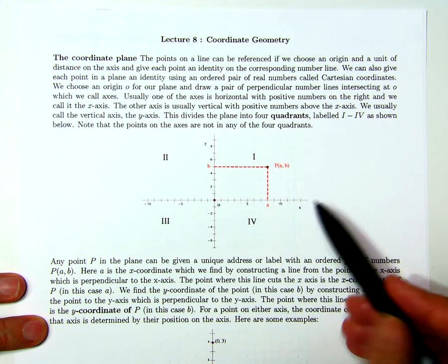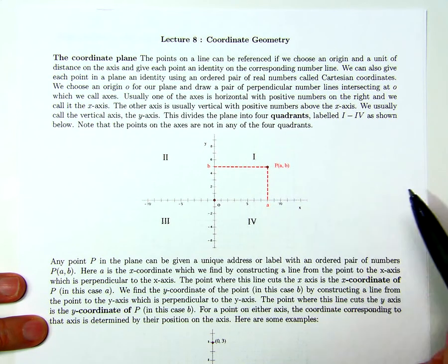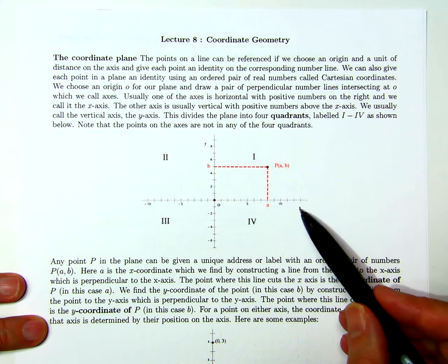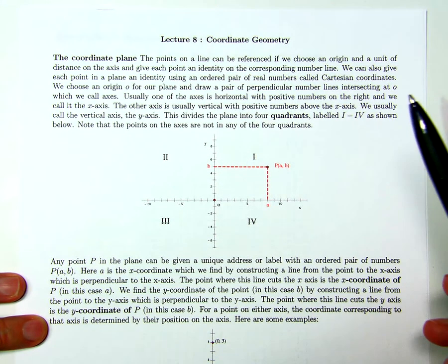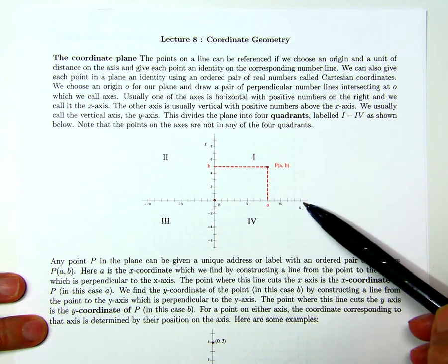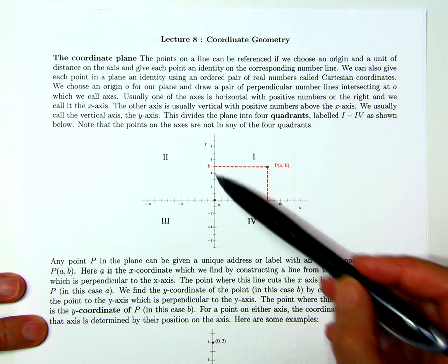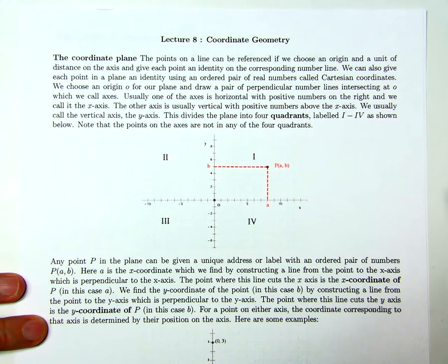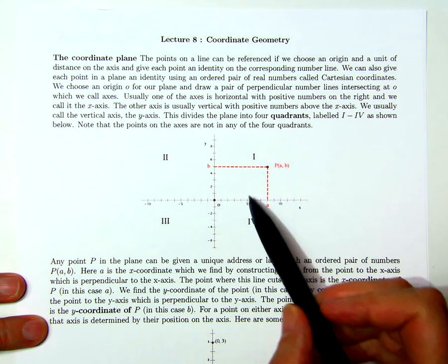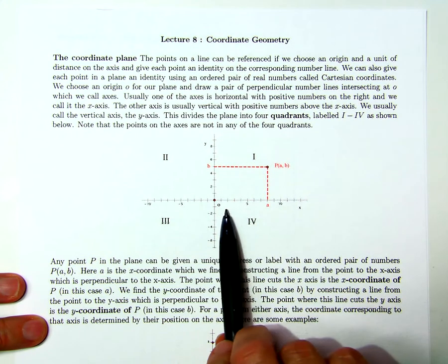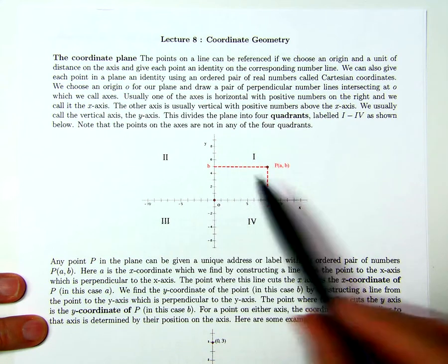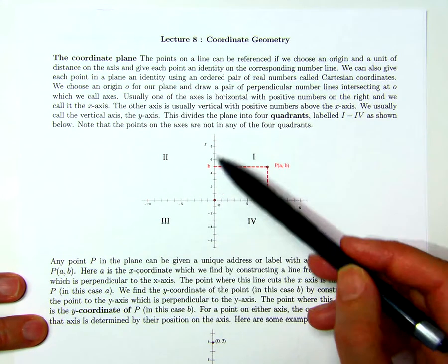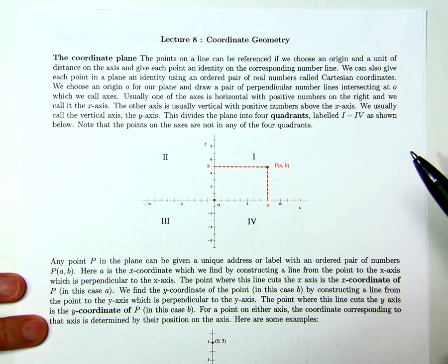And usually we label the horizontal axis as x, and the vertical axis, or the vertical number line, is y. And we call this the x-axis, the horizontal number line, and the vertical one, we call it the y-axis. And they're placed so that positive numbers on the x-axis are to the right of the origin, and positive numbers on the y-axis are above the origin.